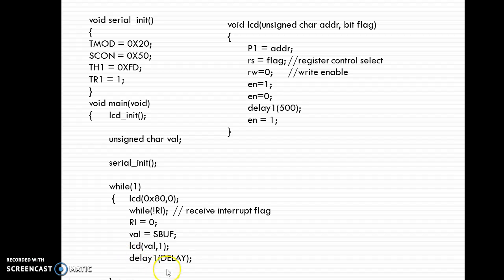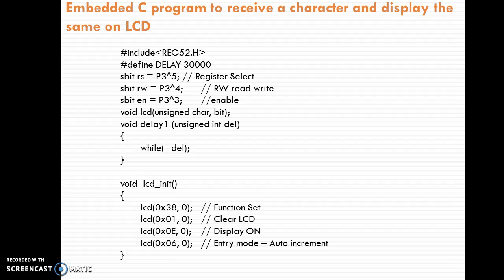After this, there will be a delay of 15 milliseconds. That means once the data is sent, after 15 milliseconds, this data will be displayed on the LCD screen. So this is the embedded C program to receive a character and display the same on the LCD.